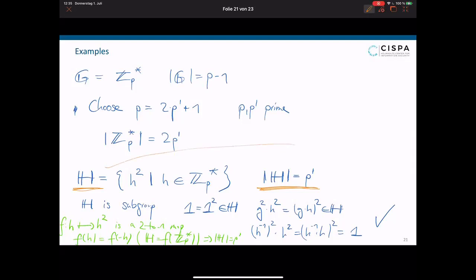This group H is also called the group of quadratic residues modulo P. And we knew that if P is a so-called strong prime, so if (P minus 1)/2 is also a prime, we call P a strong prime, then H, this group of quadratic residues modulo P, is a prime order group.